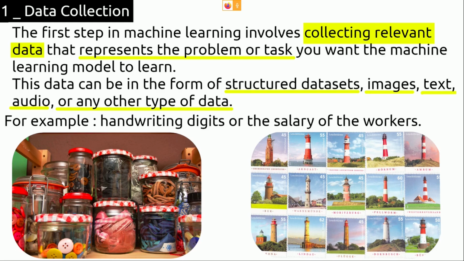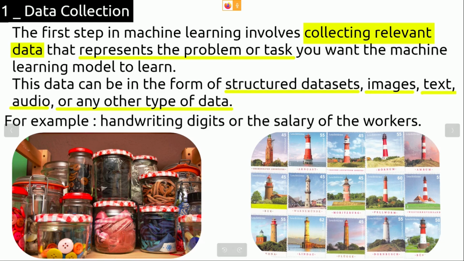And there are too many examples. For example, there are handwritten digits. If you take a look at how I write numbers and how someone else writes numbers, it is different, okay? Or for a data frame, there is the salary of the workers. So, for example, you need to collect each worker and how much money he gets from his work, okay?